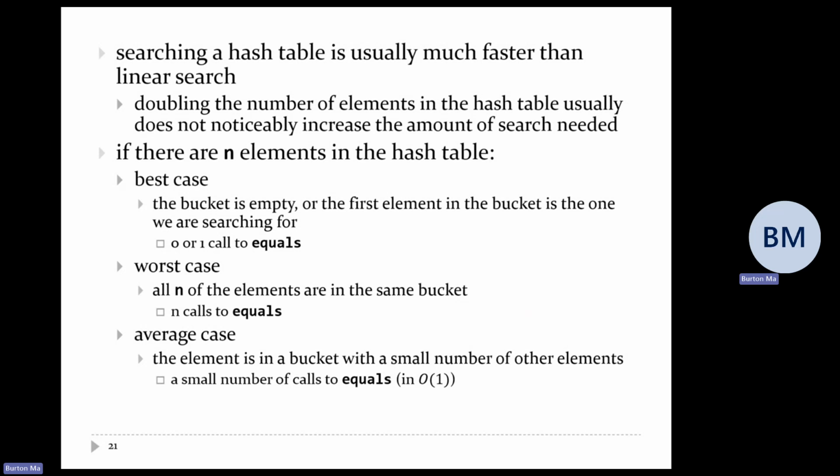The fixed is important. If you are searching a fixed number of elements and the fixed number is not proportional to the size of the hash table, then that turns out to be O(1). And so that's how these data structures are able to perform operations like search very quickly compared to a data structure like a list or an array.